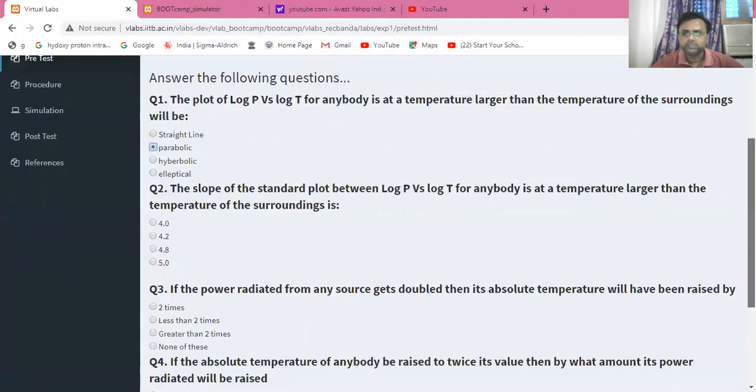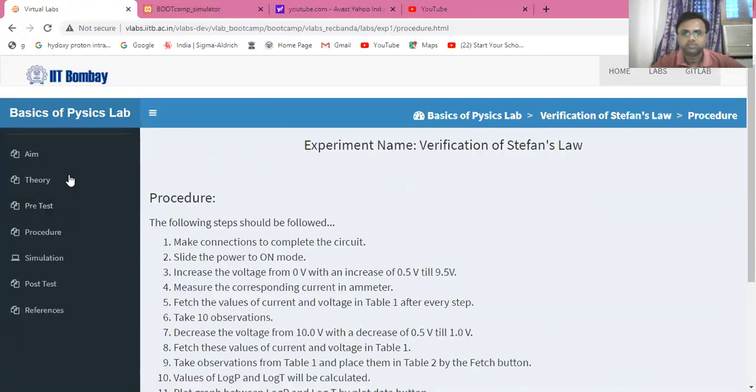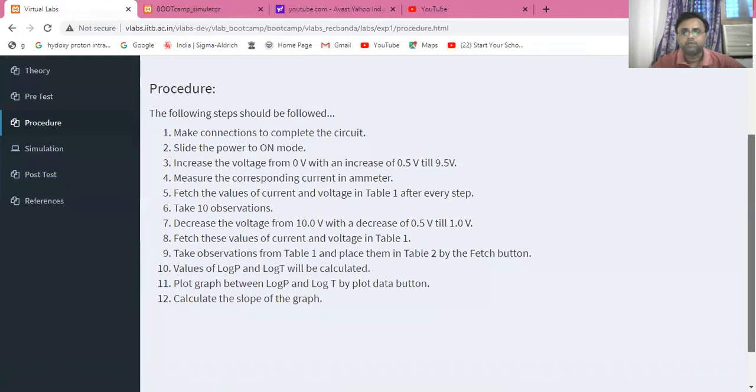Now we come to the procedure. Here we describe how to perform this experiment. We follow this procedure and the experiment will be performed.